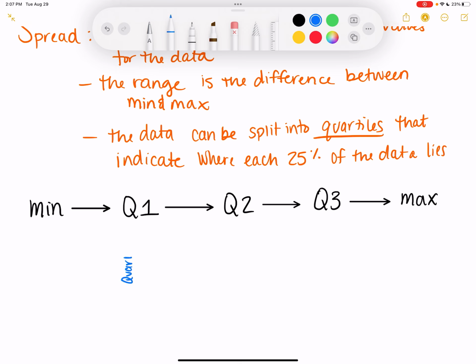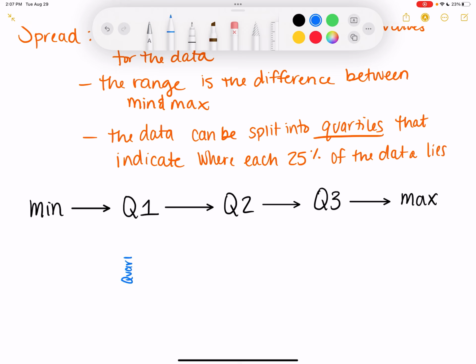So the lower quartile contains the lower 25% of the data. So basically, every arrow represents 25% of the data.